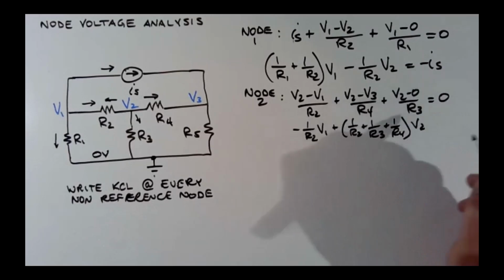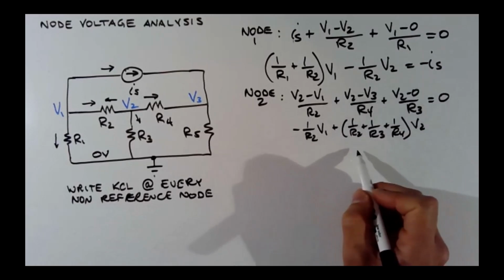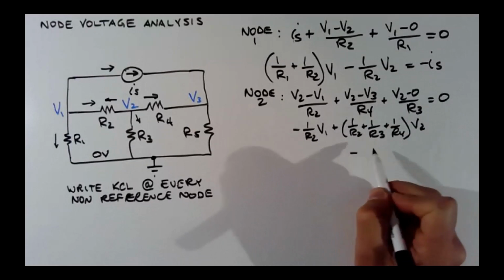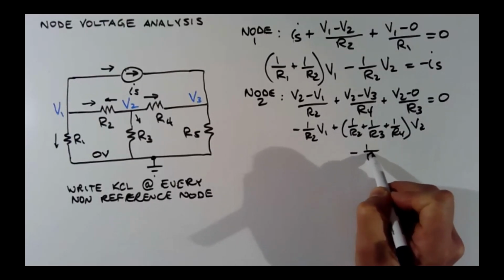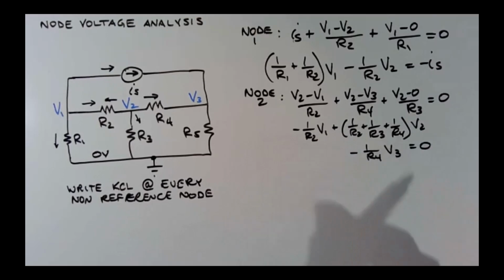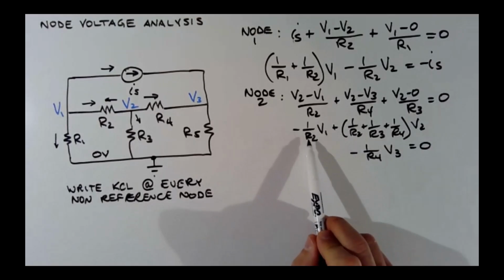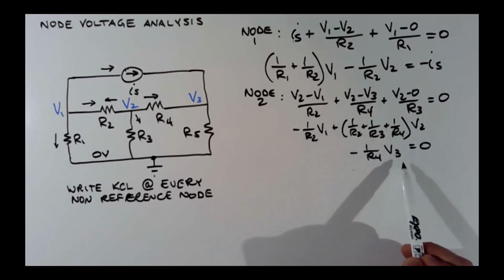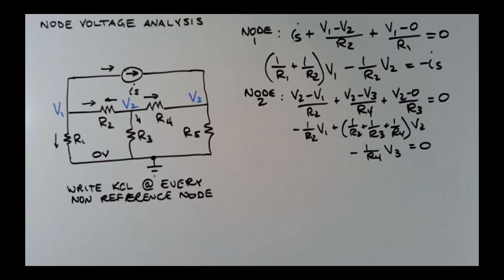And I'll write it down below here. The coefficient of V3 is minus 1 over R4, times V3, equals 0. So we have a nicely formed equation here: coefficient times V1 plus a coefficient times V2 plus a coefficient times V3 equals 0. Okay, so there's the second equation we need for our 3 unknowns.